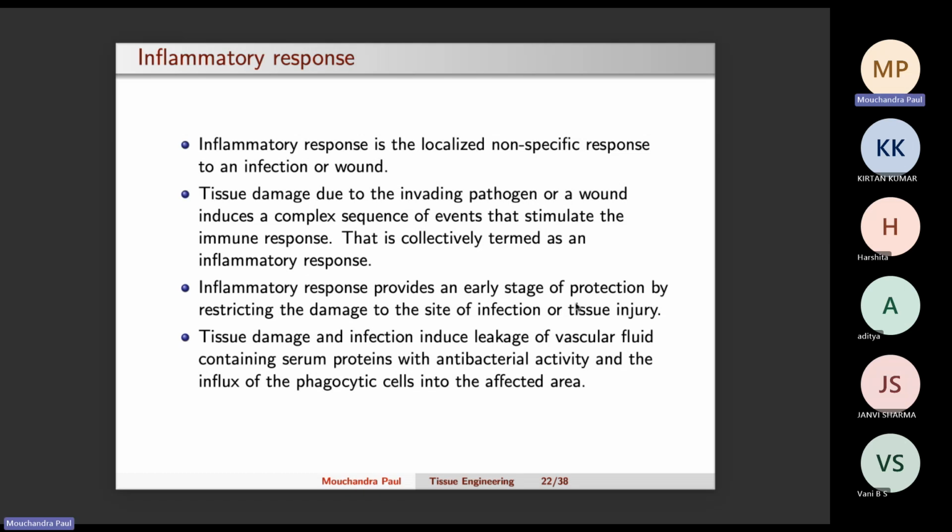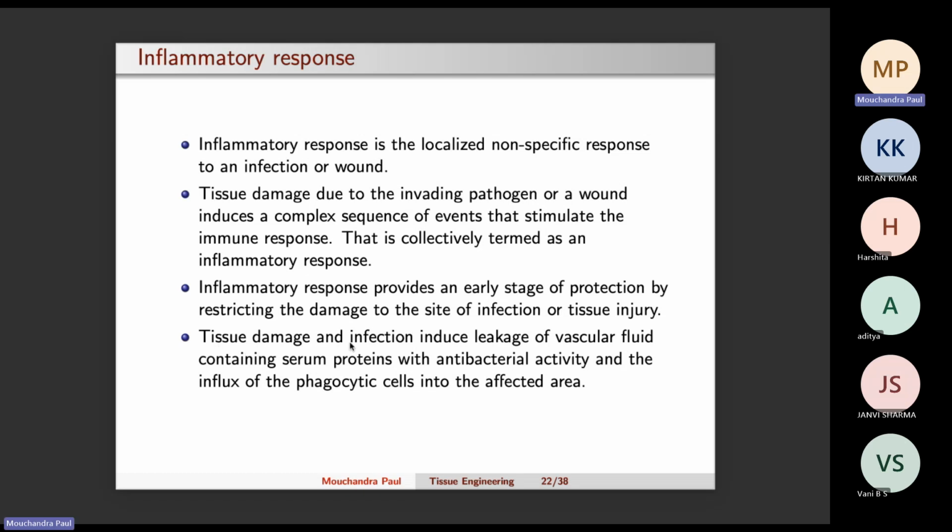Our body wants that the particular damaged area shouldn't spread. It tries to restrict that damage to that particular site only. It doesn't want other parts of our body to also get affected, which is why the inflammatory response is important.